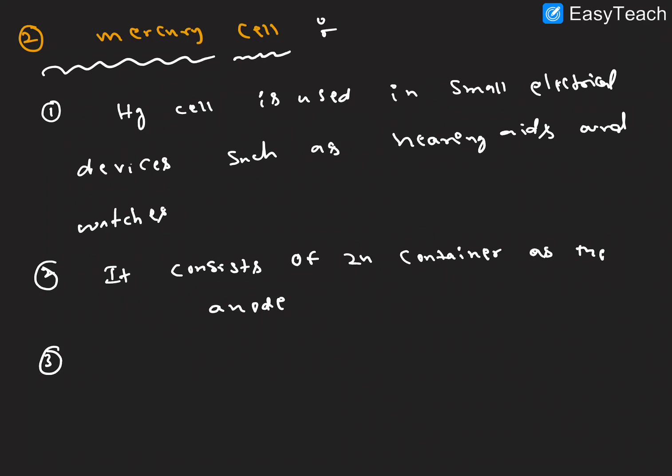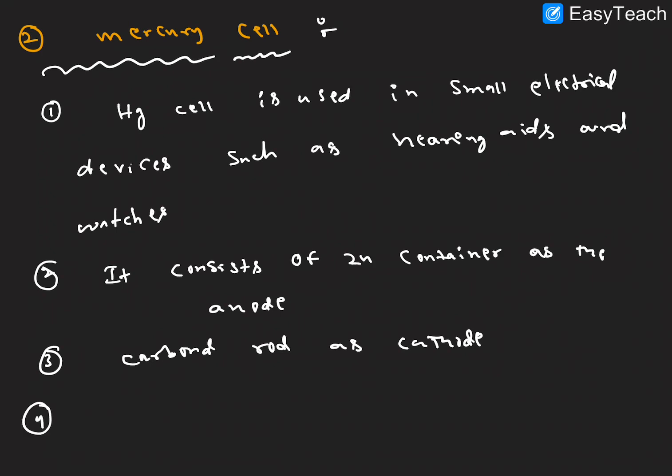The next one, third point here, a carbon rod as a cathode. Then next one here, in between, some empty space is there, like in a dry cell, between anode and cathode, and which type of substance are we taking here.